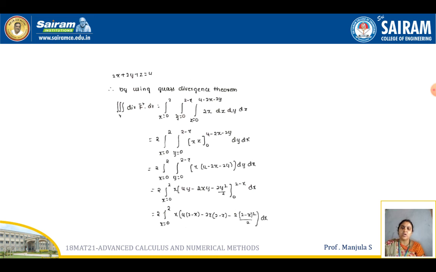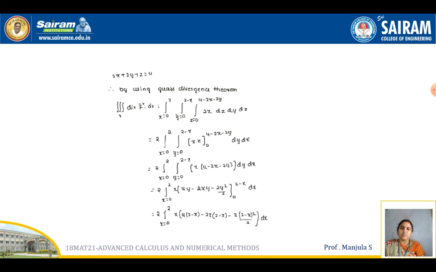By using this Gauss divergence theorem, triple integration over v of divergence of f with respect to dv is equal to integration x is 0 to 2, y is 0 to 2 minus x and z is 0 to 4 minus 2x minus 2y. So now you just substitute the solution of the divergence of f, that is 2x, with respect to dz, dy and then dx.